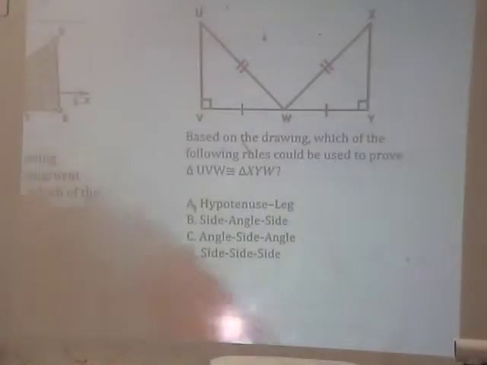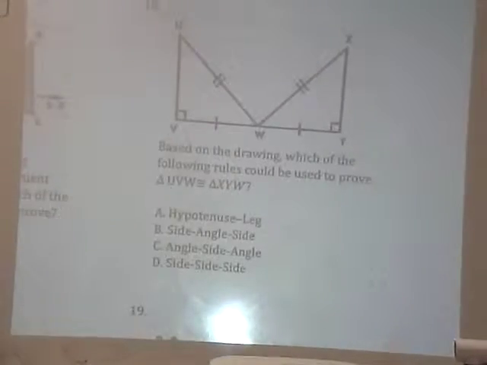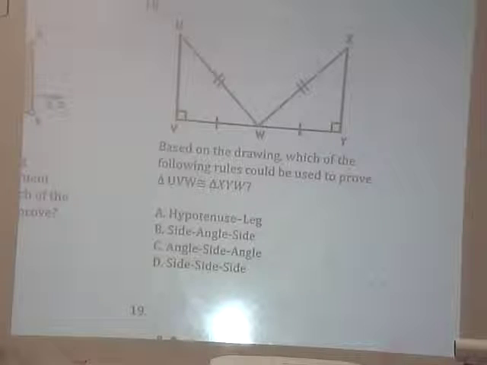18. Based on the drawing, which of the following rules could be used to prove the two triangles congruent? Look at the markings, what do you think? Side, angle, side. You said the angle is right in between the two sides, right? It's not.